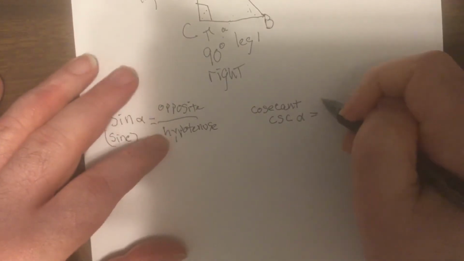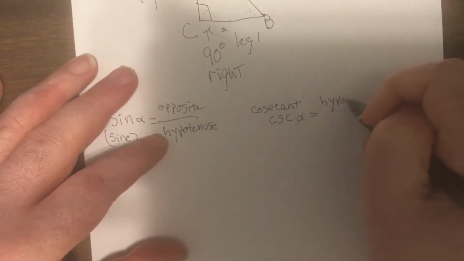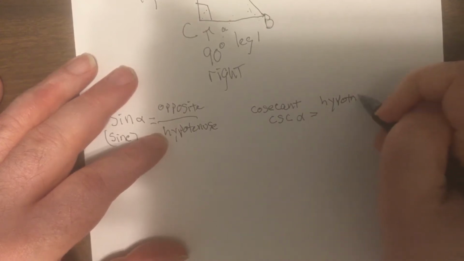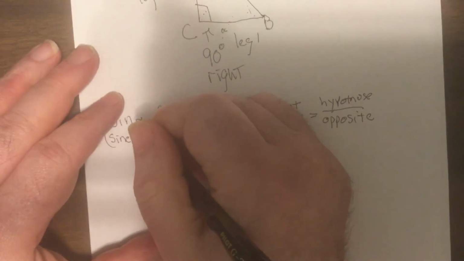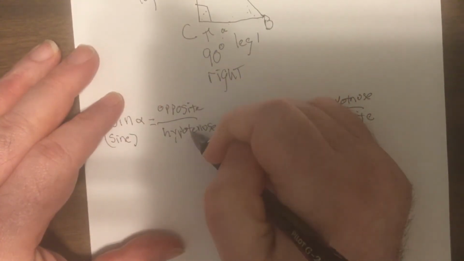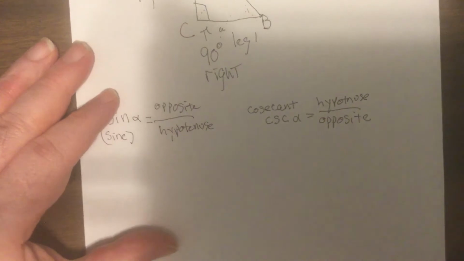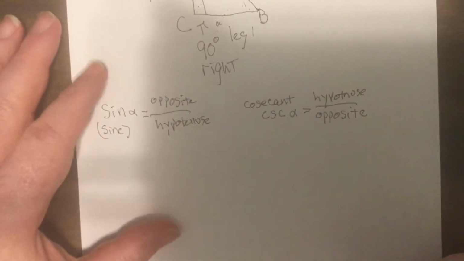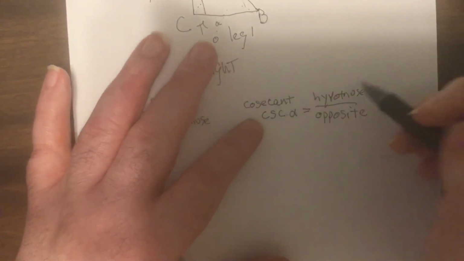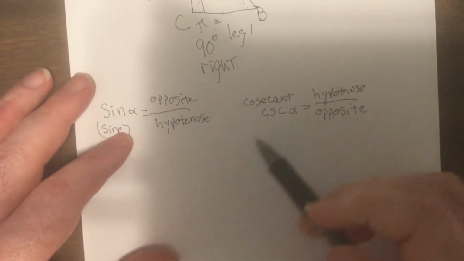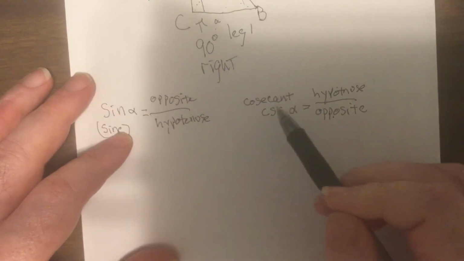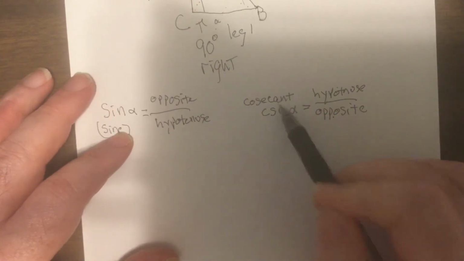That would be hypotenuse over opposite. So on a note card, you should say sine on one side, opposite over hypotenuse on the other. You need to get that down by heart. Have your parents test you. Then cosecant, hypotenuse over opposite. And another note card that says sine is the reciprocal of what? And on the other side, cosecant.